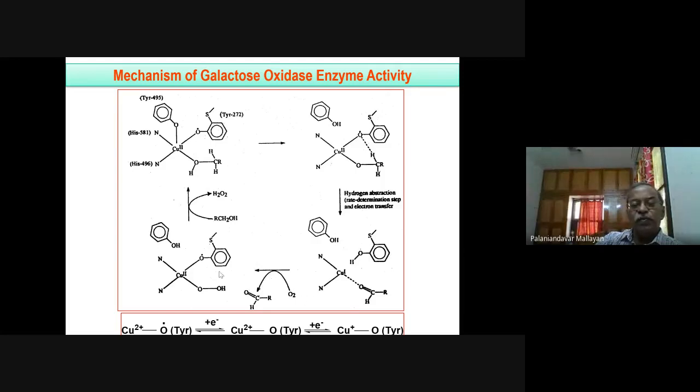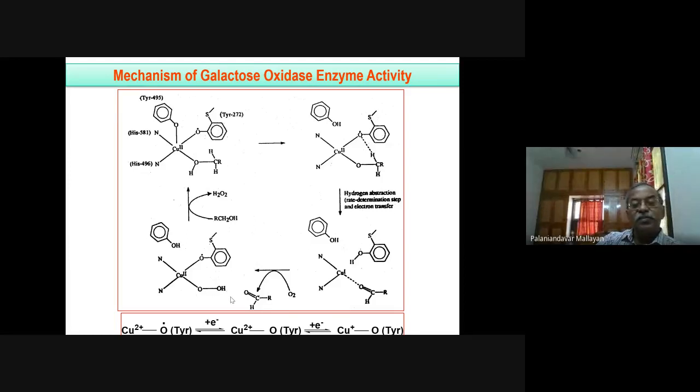So O2, where is O2 now? O2 now is bound at this point as a superoxide radical to copper 2. See, this is vacant. So this is occupied by superoxide ion. So O2 gets an electron, right? And then binds to this. You get hydroperoxy type of bonding.